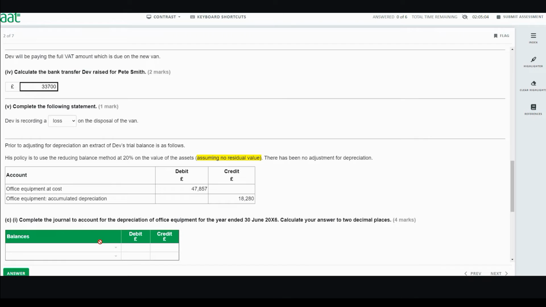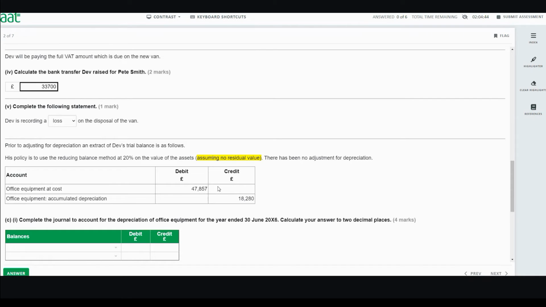Okay then, so to work out the depreciation, if it's based on reducing balance, it means that it's the cost, which is your 47,857, minus your accumulated depreciation.